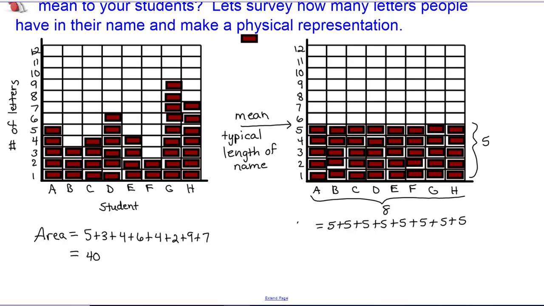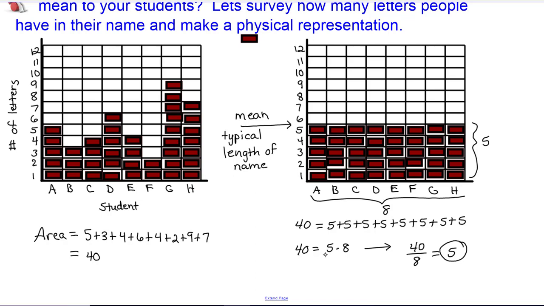We said that our area is 40, or we can say that its area is equal to 5 times 8. That's why when we added everything up, we got 40. In other words, you add them all up, which is 40, we divide by 8, and that gives us our mean.